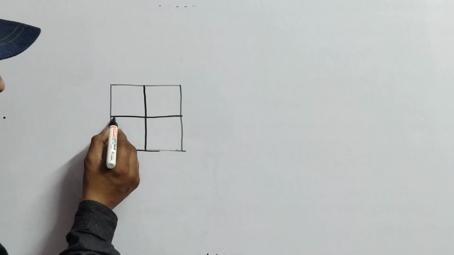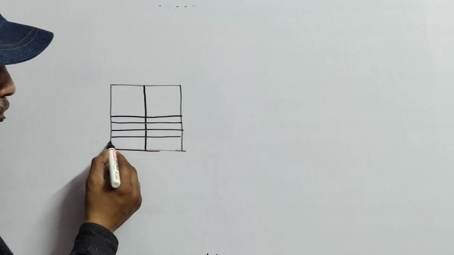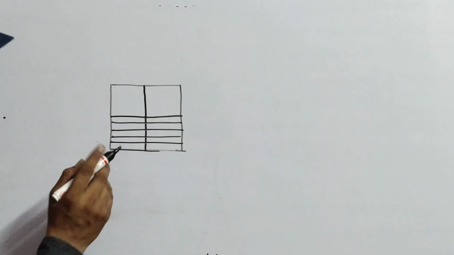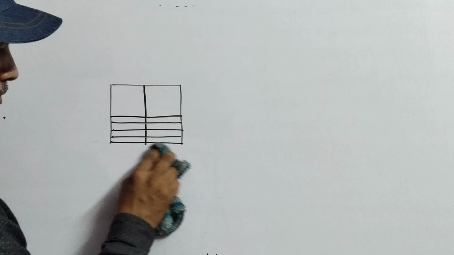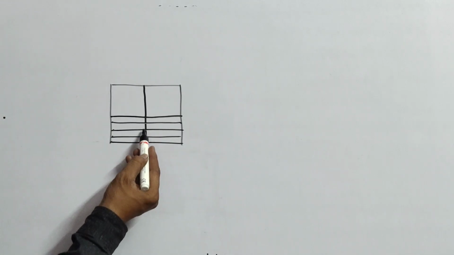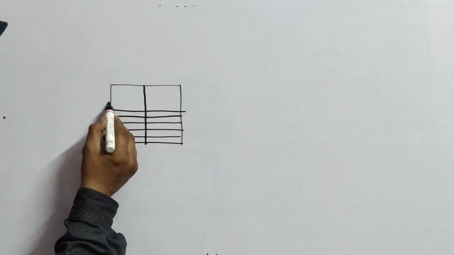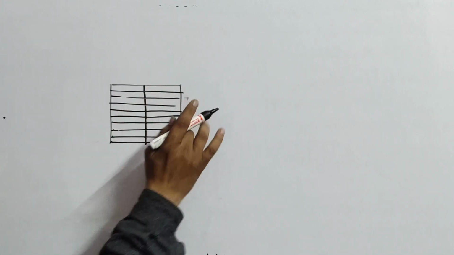Okay, see here, fifth line, 4, 3, 2, 1. Okay, that means 0, 1, 2, 3, 4, 5. Okay, sorry, we just take it from here. Okay, 1, 2, 3, 4, 5. This is the fifth line. 6, 7, 8, 9, and this is the 10th line.